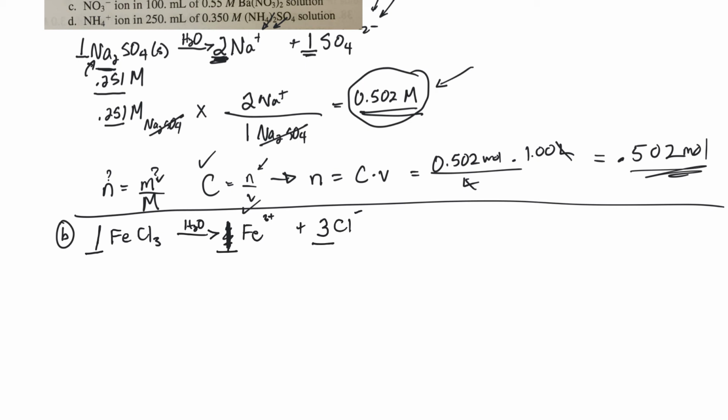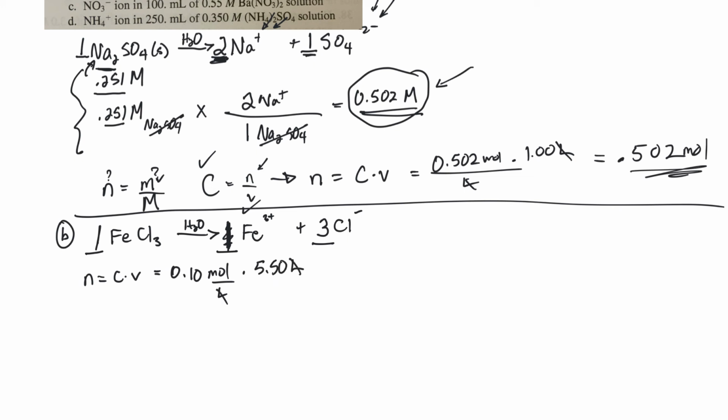So right off the bat, rather than look at concentration, which you can do, let's look at moles first. Let's figure out how many moles I have. Moles are equal to C times V, and they gave me the concentration of 0.10 moles per liter, and a volume of 5.50 liters.